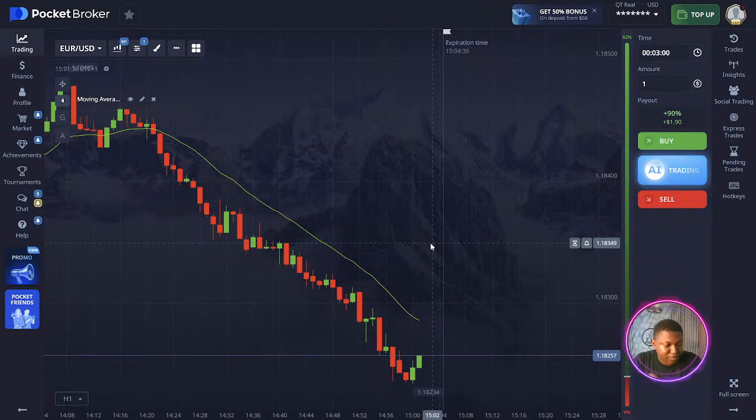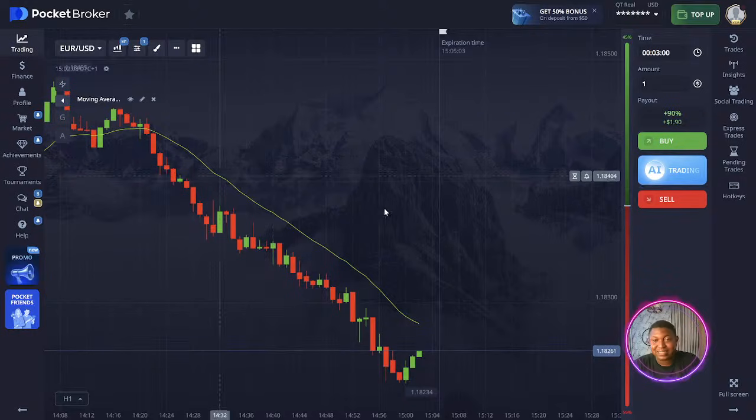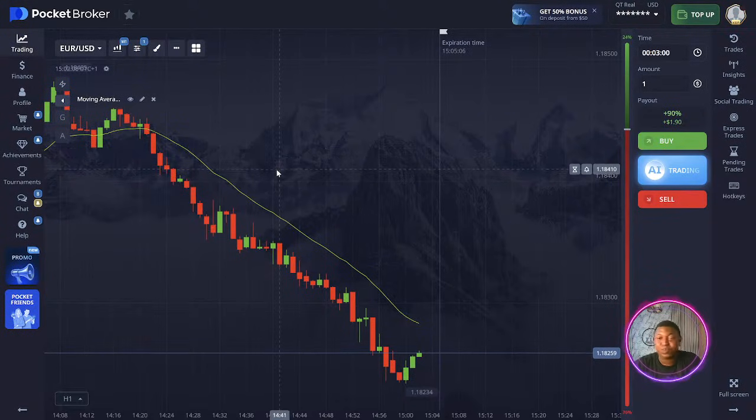When I started trading, I was very much confused by a lot of traders putting so many lines on their screen, lines upon lines upon lines.